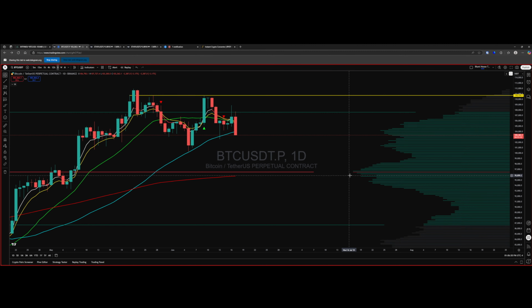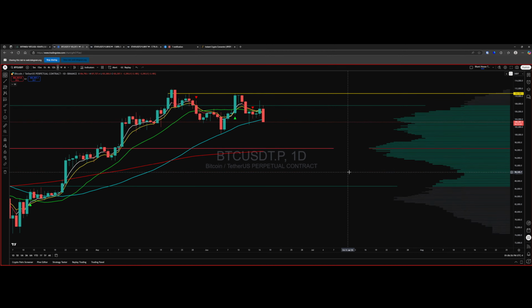And where does the 200 sit? Just beneath that point of control that we just spoke about, that we know is a draw for price that sits on a shelf with the volume gap above it.